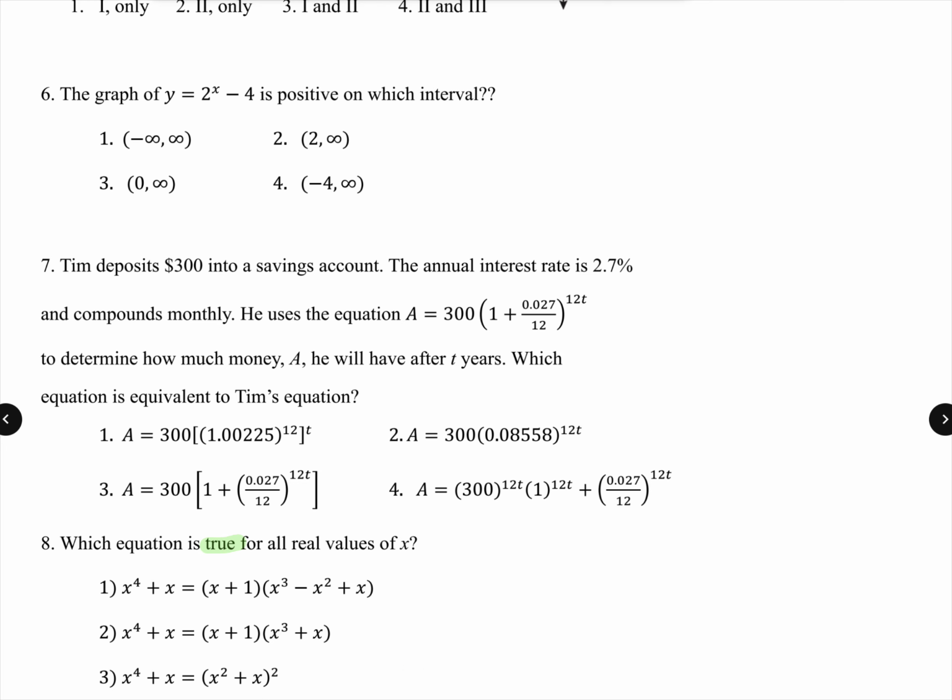I'm just going to FOIL all these and then combine like terms and see which one is correct. That's one for you to do, and I'll put the answer in at the end of the video.